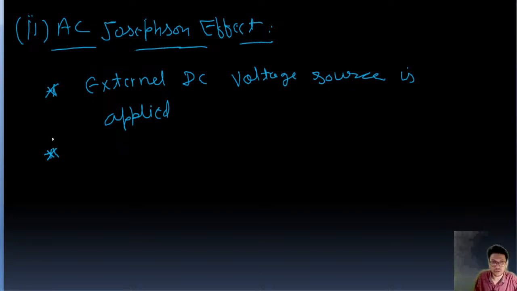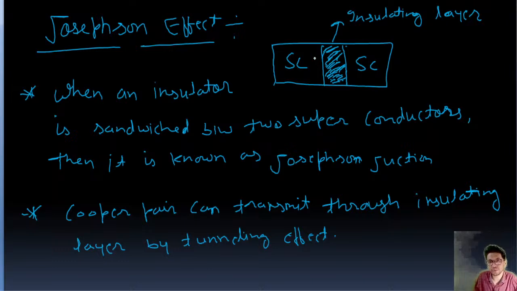So in that case, what will happen? We have this insulating layer, right, which is sandwiched between two superconductors. In the AC Josephson effect, we have connected an external voltage source.